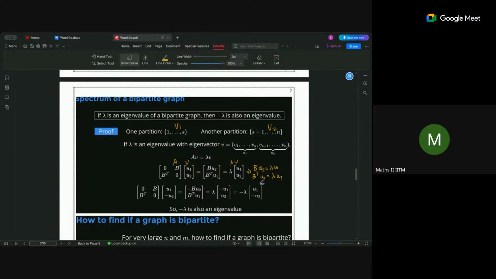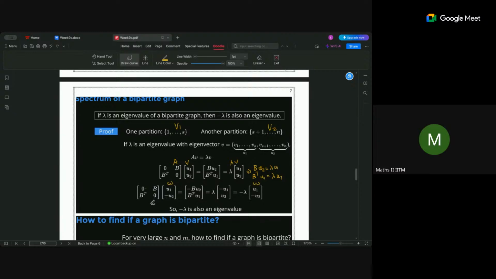So minus B U2 is minus lambda U1, and B transpose U1 is lambda U2. We can take lambda common, and take the minus outside, so that you have minus lambda times (U1, minus U2). Let's call this W.